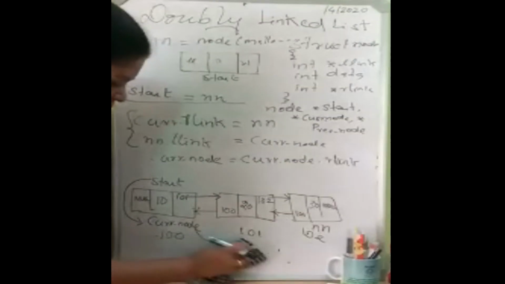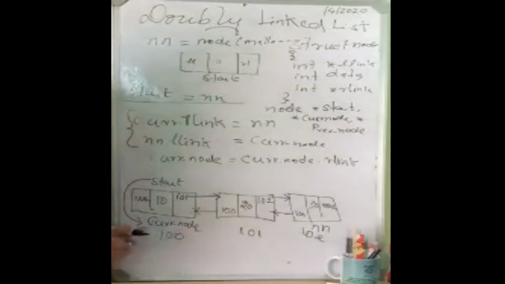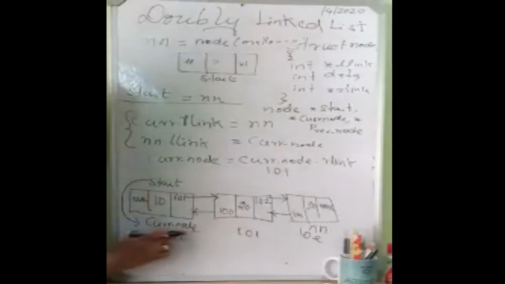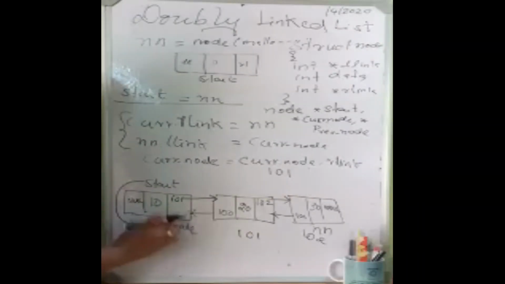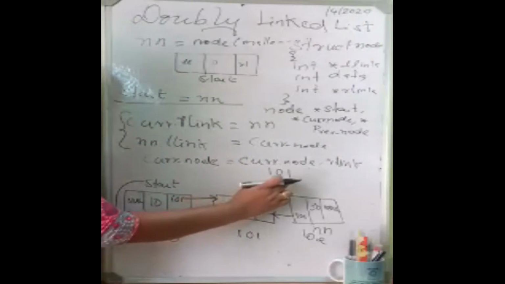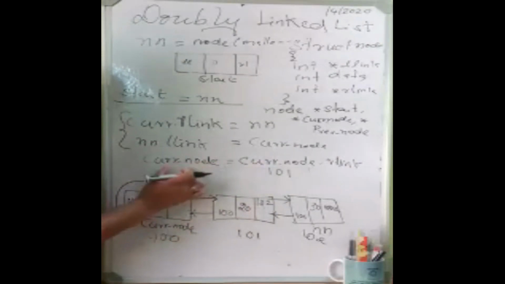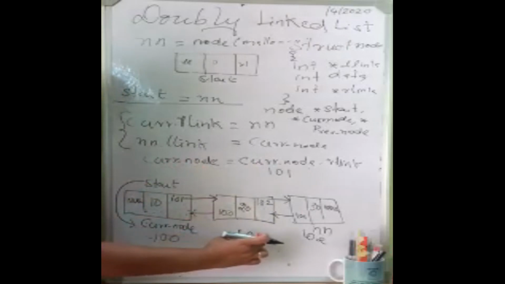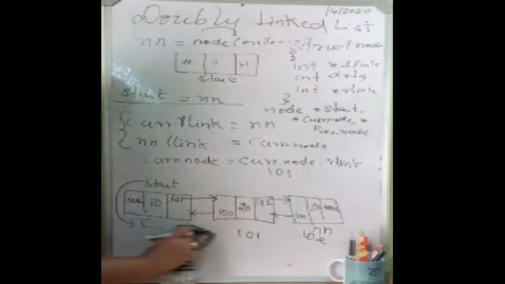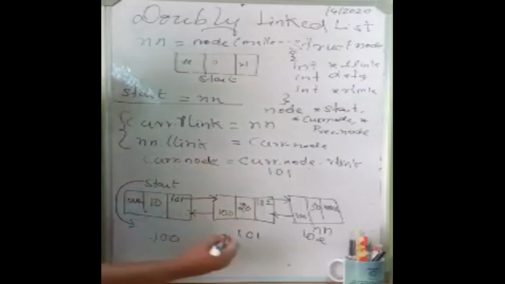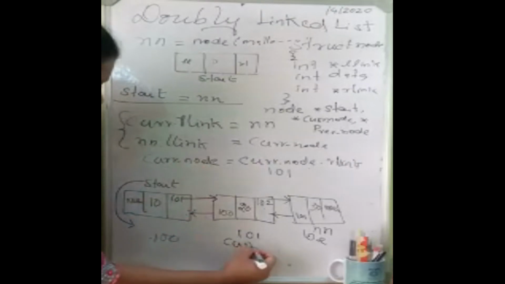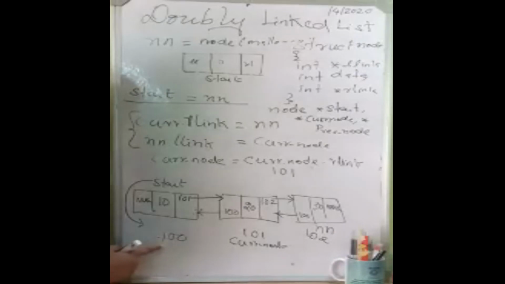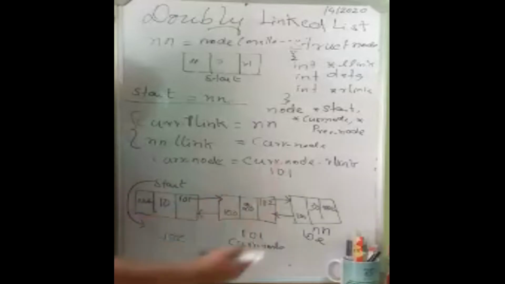Before moving here, what is the value of current node right link? Current node right link will have 101. Now this will be assigned to current node. It means wherever 101 is there, the current pointer will point to 101. The pointer will move from here to here. The current node value is here, right?